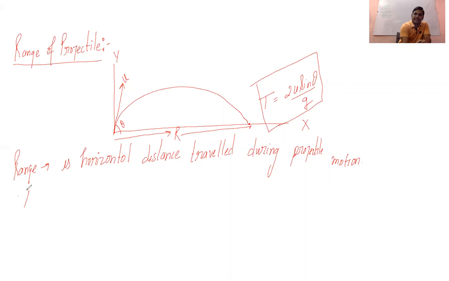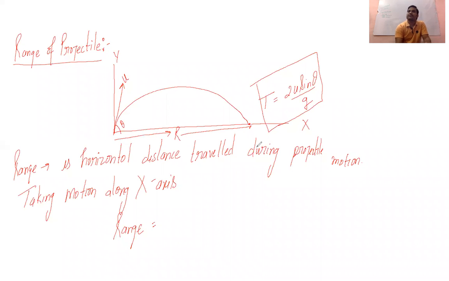Taking motion along the x-axis, the range is equal to velocity along the x-axis into time. Along the x-axis the velocity will be u cos theta, and along the y-axis it will be u sin theta.